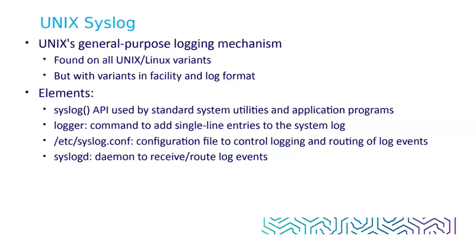It is available for both variants, even though logging facilities and log formats may differ. And we are going to identify four key components of syslog, that is the syslog API, which is used by standard system utilities and application programs to generate the log events.